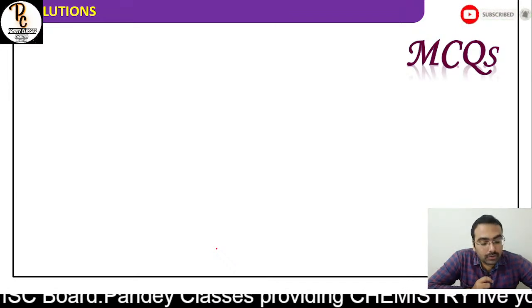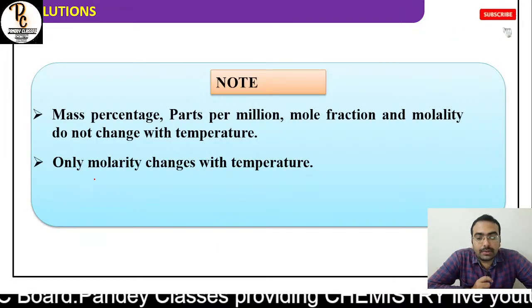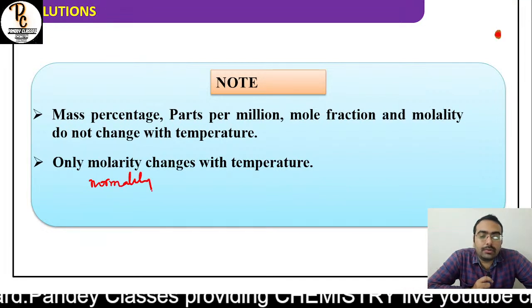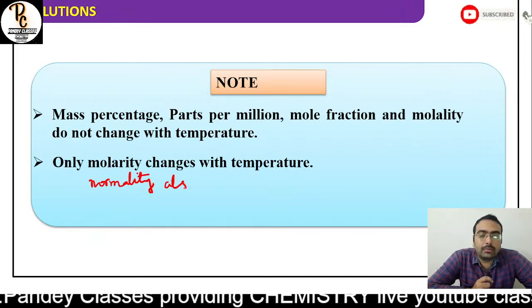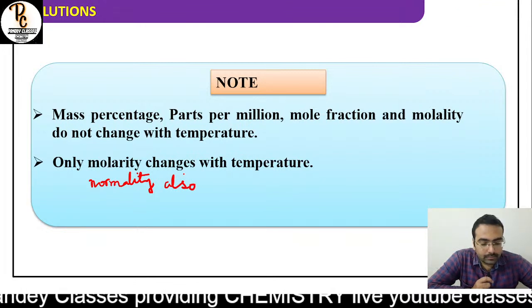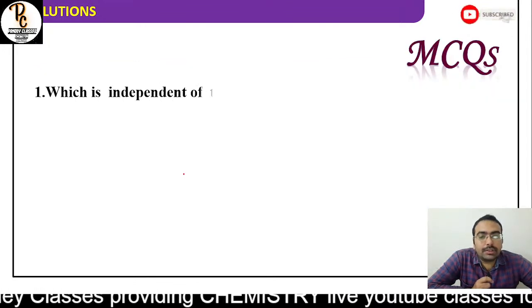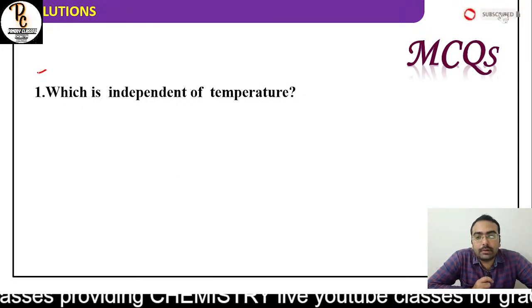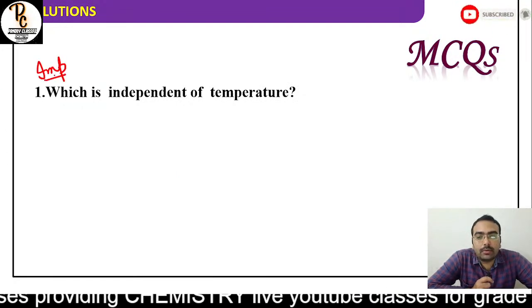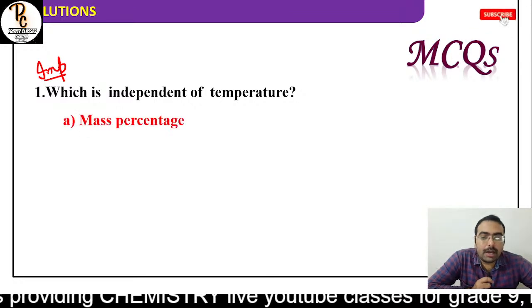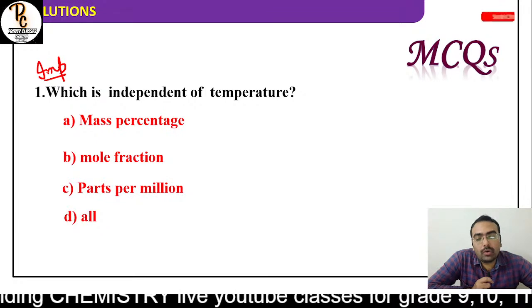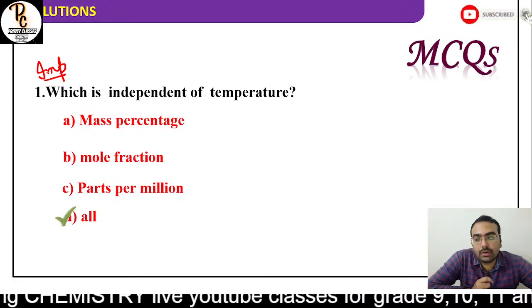Remember, normality also changes with temperature. Which is independent of temperature? Very important question. Mass percentage, mole fraction, parts per million, all of the above. So the answer is all.